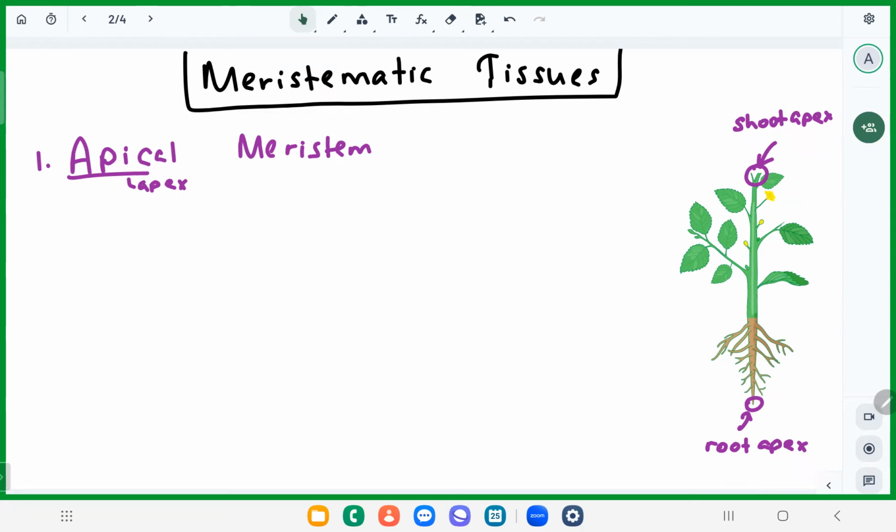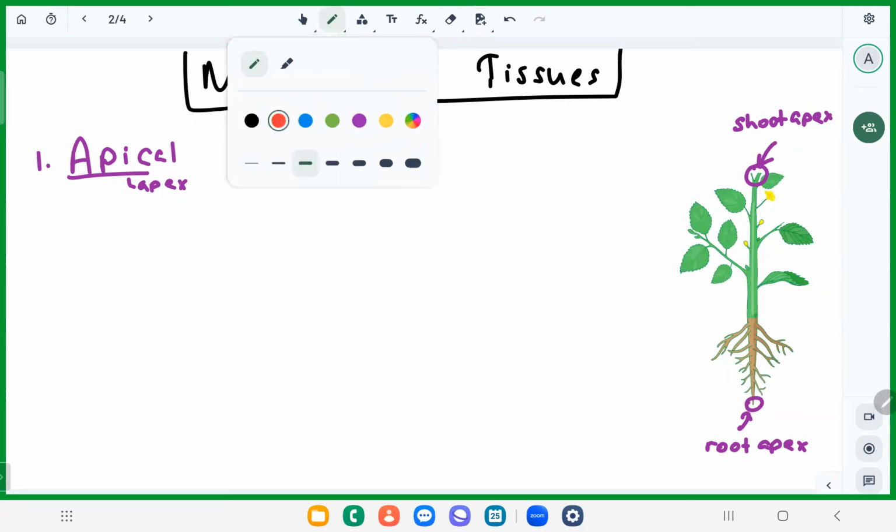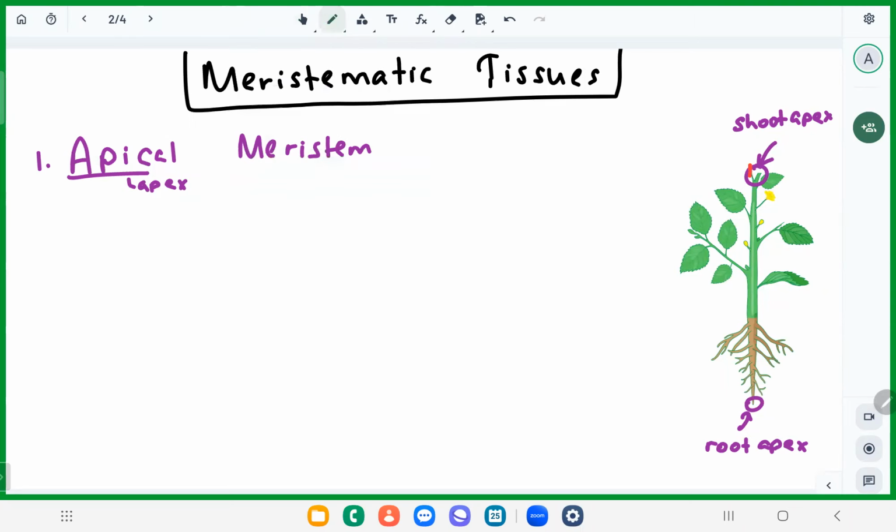So what is the function of this type of meristematic tissue? The apical meristem helps the plant in growing in height. The apical meristem up here would cause the plant to grow upwards in height, and the apical meristem down here at the root apex would help the roots to grow deeper into the soil.